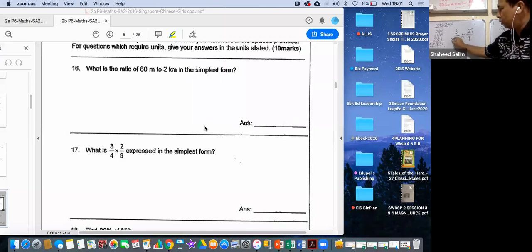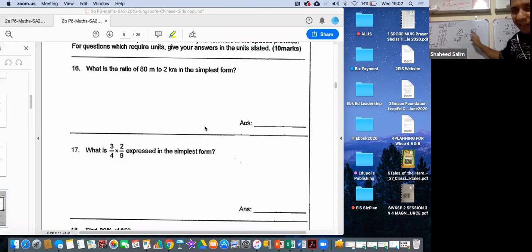Divide this by 2, you get 2. Can divide by 3? So you get 3 divided by 3, you get 1. 9 divided by 3, you get 3. Now, once you have done this, take top number times top number. 1 times 1, 1. 2 times 3, 6.